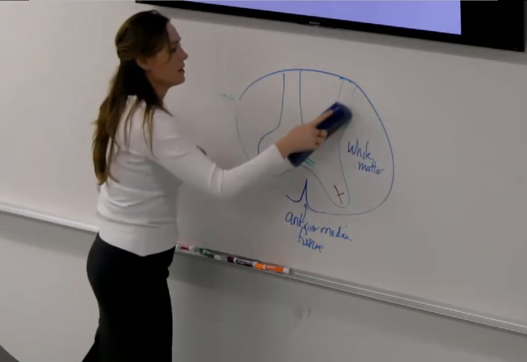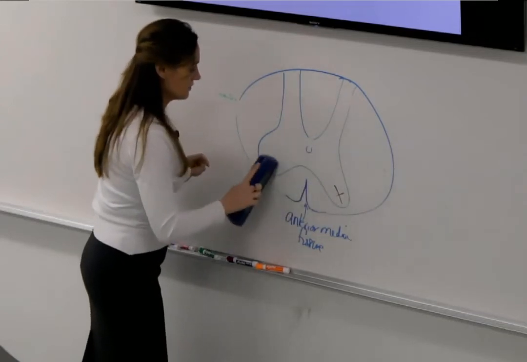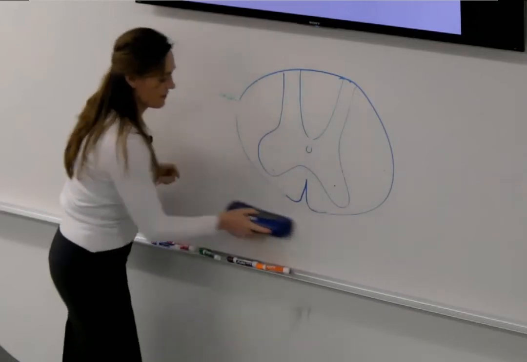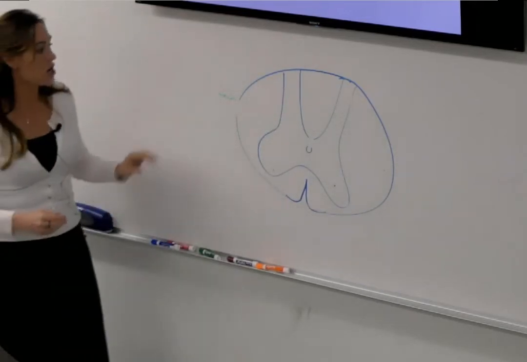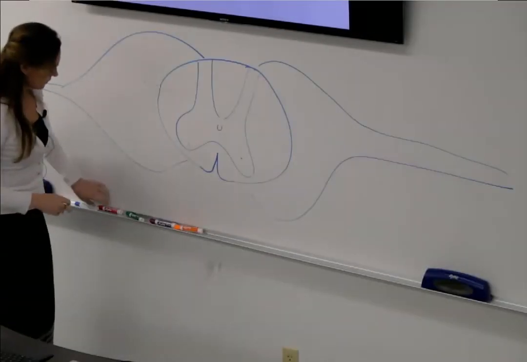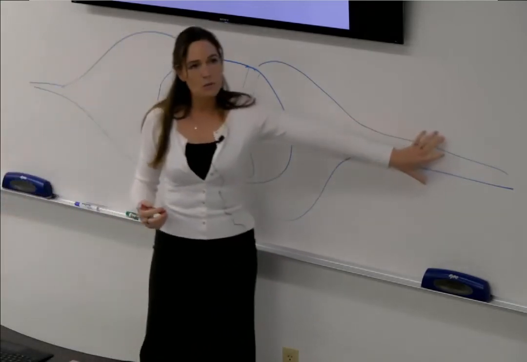So who can tell me, while I'm erasing this, what nerves are and what type of neurons can be found within a nerve? So we'll draw a nerve is going to be way out here.